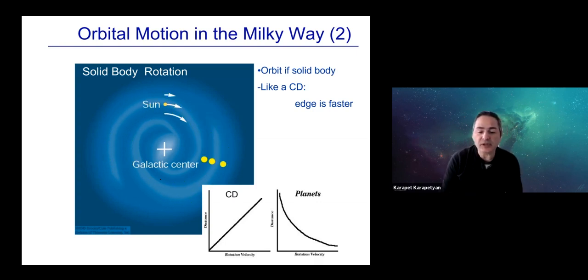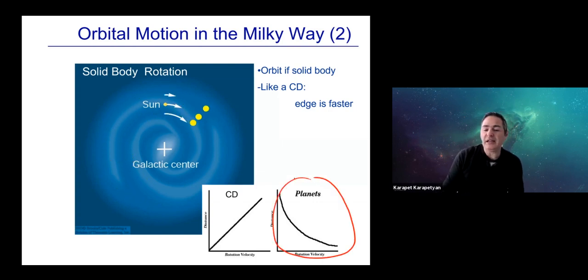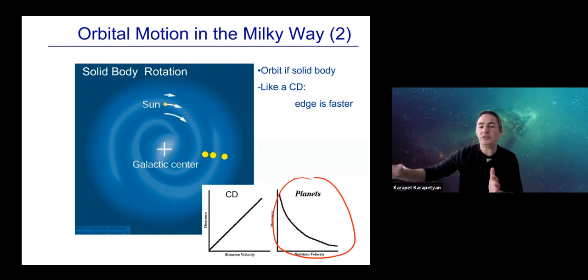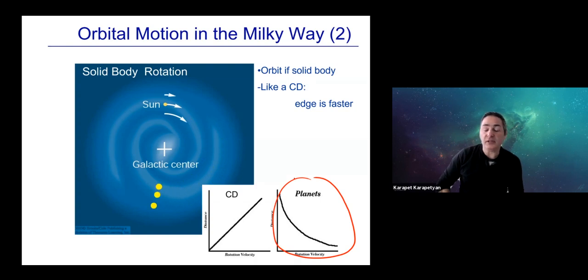We have two graphs over here, where on the right side is the rotational velocity for the planets, as we would expect in terms of distance: with distance, the speed decreases. But in our galaxy, it's a little bit different, and we're going to talk about why that's the case.